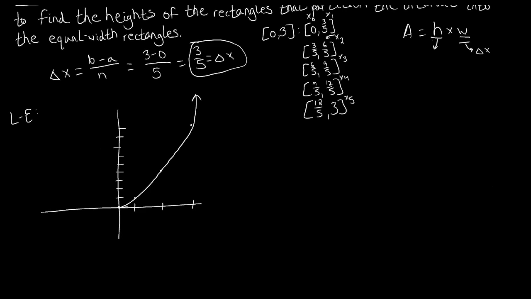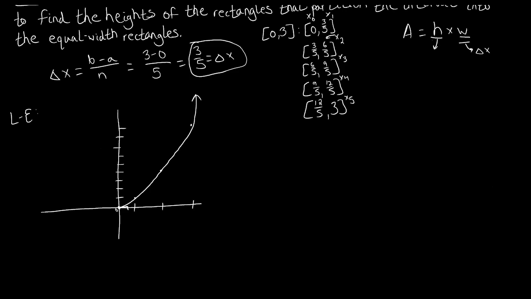Using the left endpoint, we start there and move vertically up the xy plane until we intersect our curve. But by the nature of f of x equals x squared, this goes through 0, 0, so we don't have to go up anything. That tells us the height for this rectangle is a big old 0. That really doesn't help us explain anything.